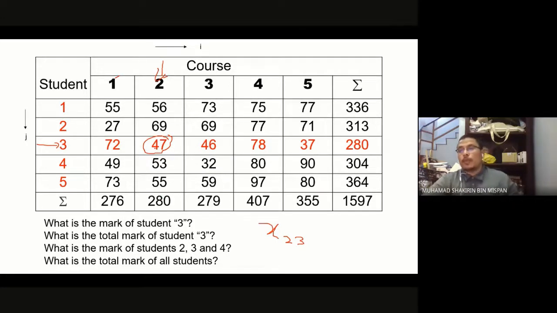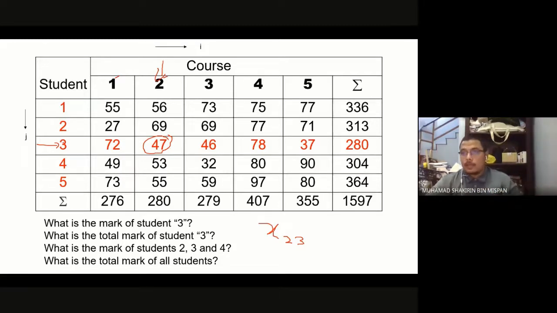So same goes when I say what is the mark of student number 3, because i represents the student, j represents the course taken by the students. You want to know what the students get for specific courses.